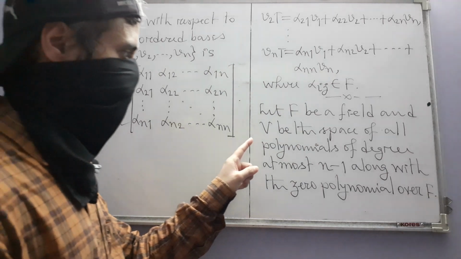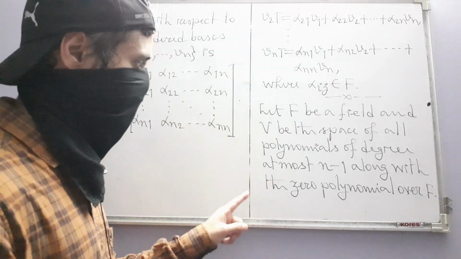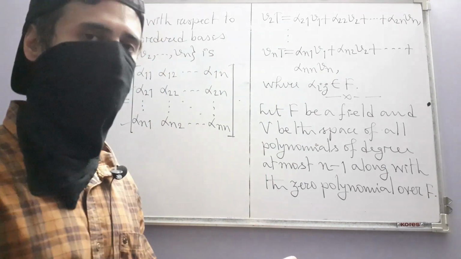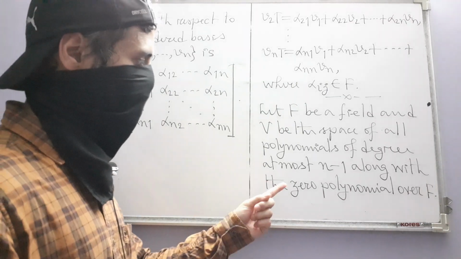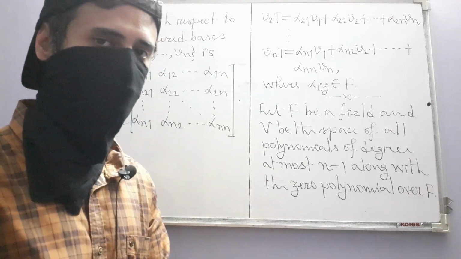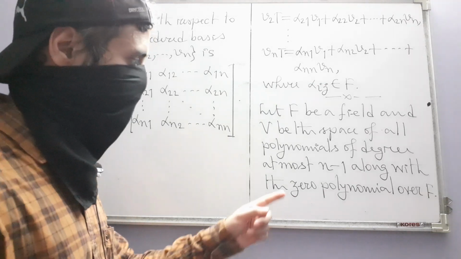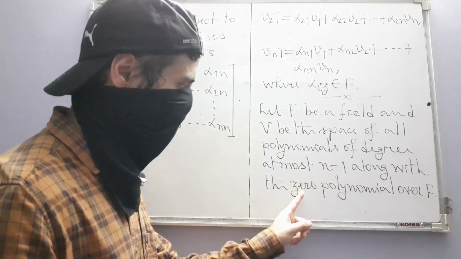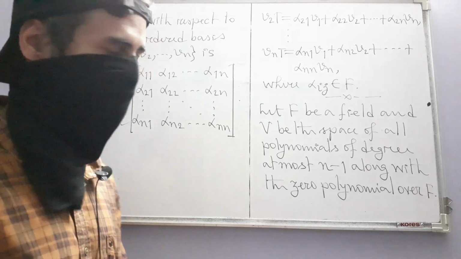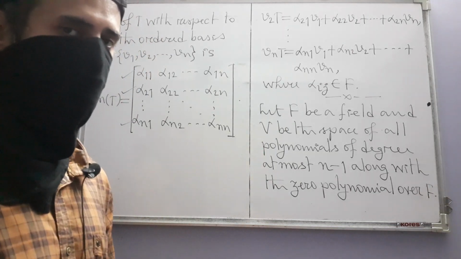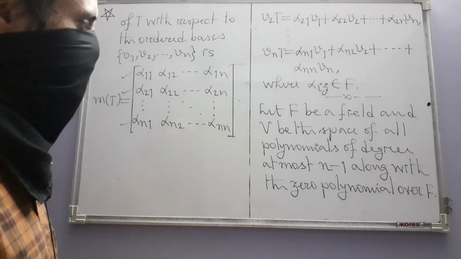So what does V consist of? The elements in V are polynomials over F of degree at most n minus 1. But because the 0 polynomial has no degree, we had to separately say along with the 0 polynomial, otherwise V will lack a 0 vector. Then it won't be a vector space.